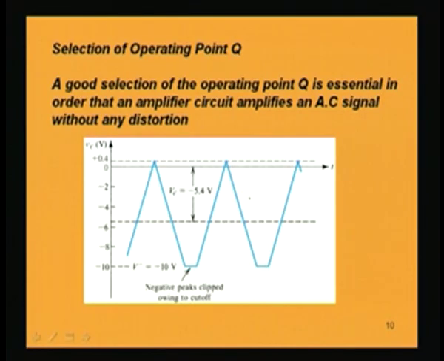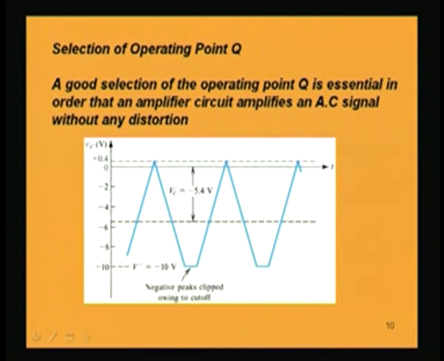Again, I just want to show the output signal having the negative peak clipped off, just as we discussed. When the operating point is very close to the saturation region, the signal will not be distortionless, it will have a clipped off region in the negative portion.